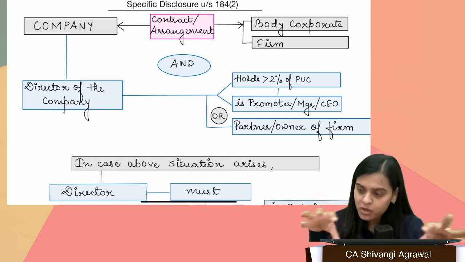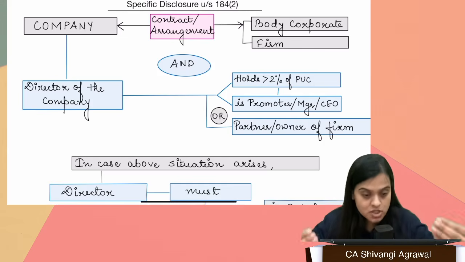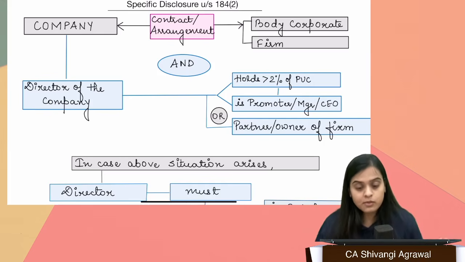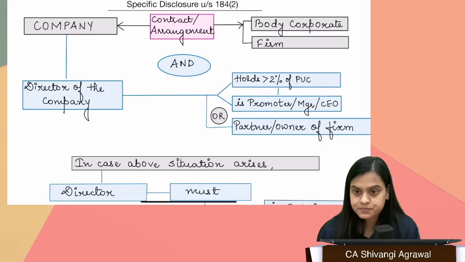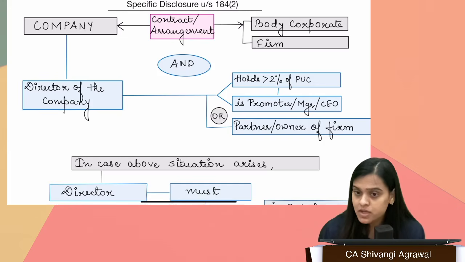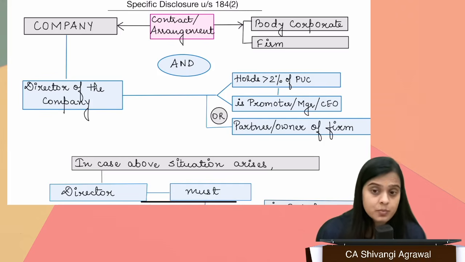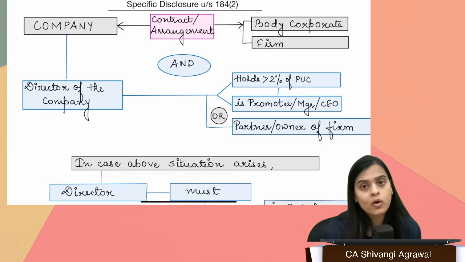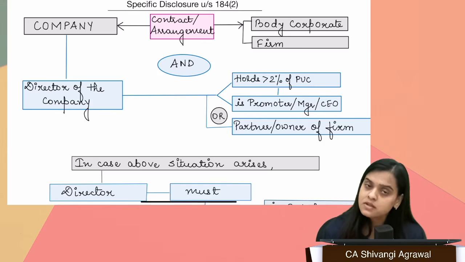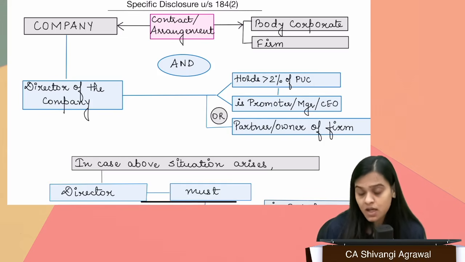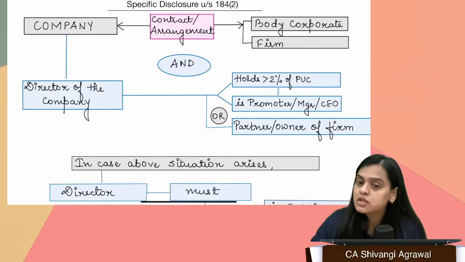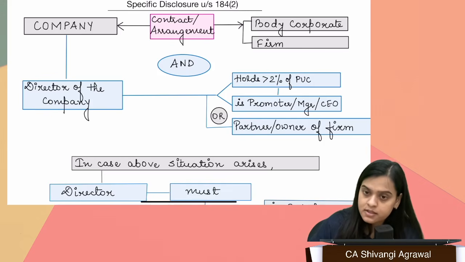And I will not participate in the board meeting in which this contract is being discussed, and I will not vote on this matter. Got it? Because I become interested. If I do not disclose, if I participate, if I vote, it's going to be voidable at the option of the company. Because the company has every right to know that I was interested in this particular contract.